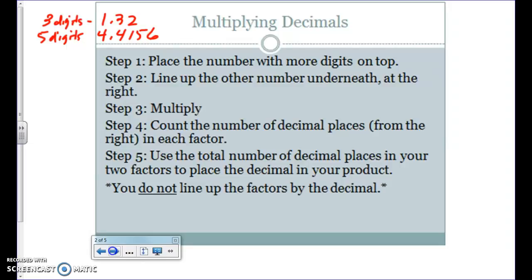Then we're going to multiply. And then you'll know where to put the decimal point if you count the number of digits behind the decimal place in the original problem. So if we were doing, like I said, 1.32 times 4.4156, let's just do it backwards so I make sure I line these up well.